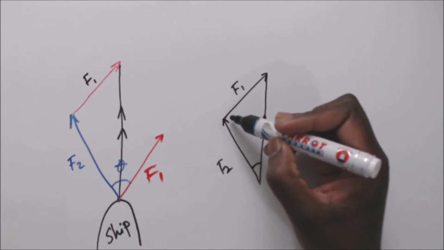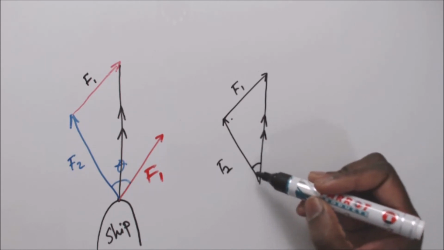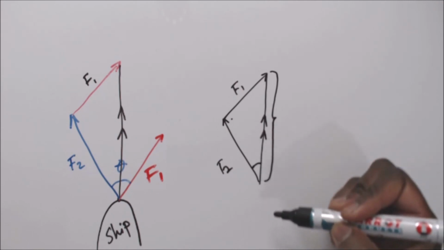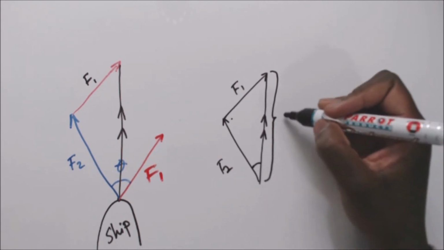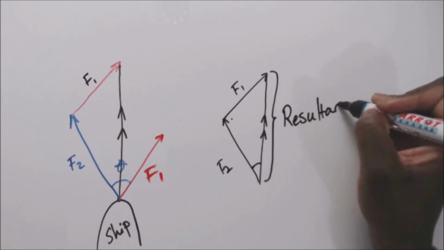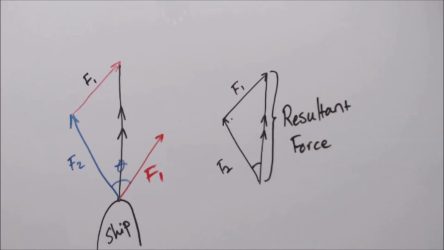First of all, I'd work out that angle there, and then I'd work out what this angle there should be, and by measuring the size of that resultant, I'd have a magnitude, and this would be the resultant force acting on the ship.